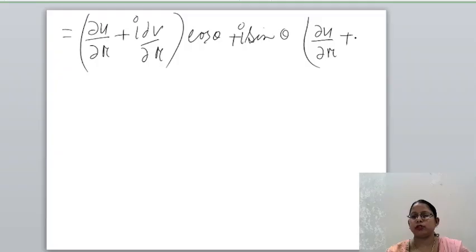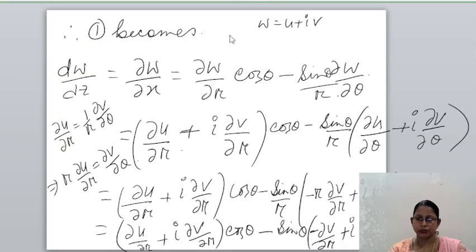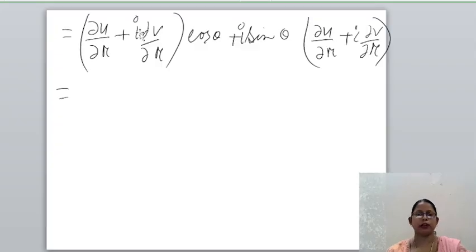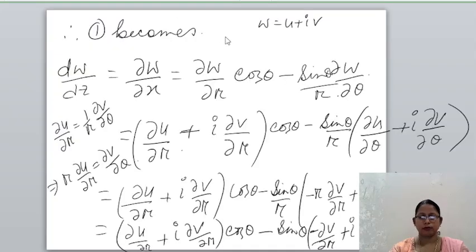So one i taken common, this will be i del v by del r. Now if you take this term common, this will be minus, this is minus, because I am taking i common.